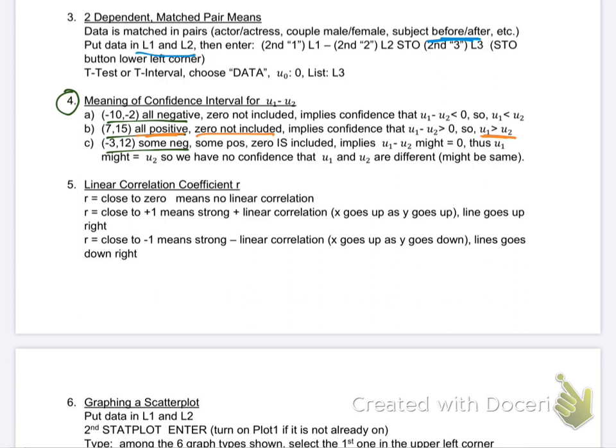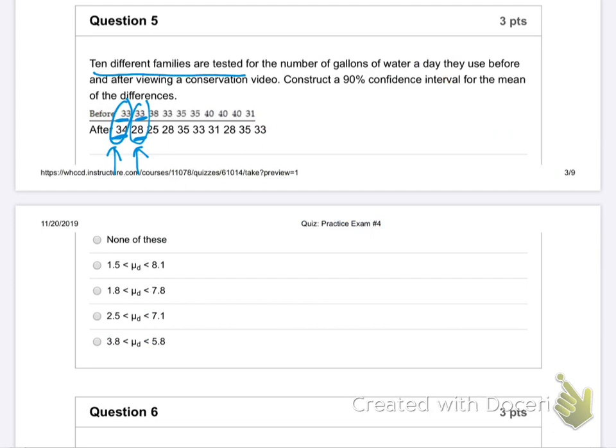All right, so what do we do for that then? Data in L1 and L2, and then we do the special thing where we do L1 minus L2 stored in L3. Remember that? And then t-test. So let's do it. Put this data in L1 and that data in L2. Then you've got to quit. After you put that data in L1 and L2, hit second quit to get out of the table mode.